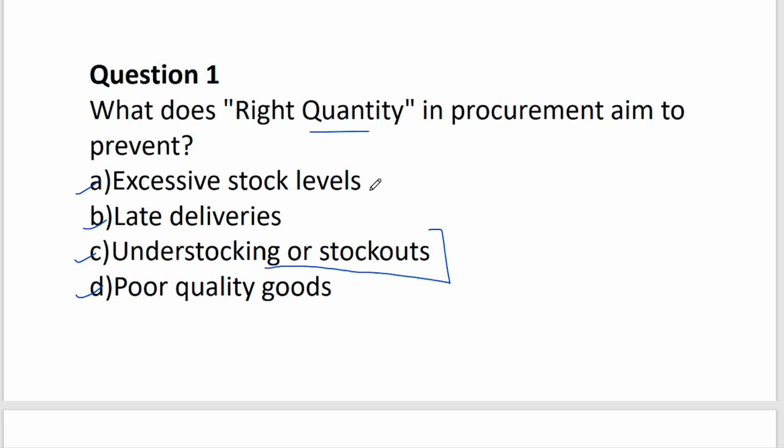You might say, but excessive stock levels. Yeah, that might look like it, but the one that actually makes more sense here is that we are more worried about not having those things. When you're talking about stock, we just want to make sure that we have the right stock. So with the right quantity, you're not worried about having a lot of stock.